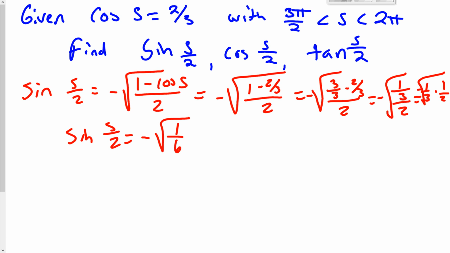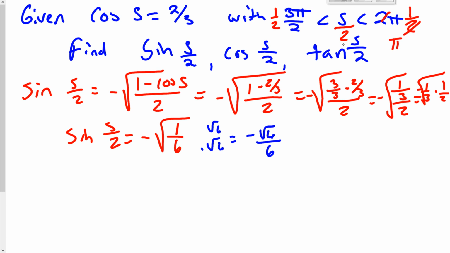So we get that, and we can go ahead and rationalize that. Root 6 and root 6, and so we get root 6 over 6 is our final answer. We know it's negative because we are in the fourth quadrant. Oh, excuse me, s is in the fourth quadrant. So, actually, if we want to find what quadrant s over 2 is in, if we divide this by 2, then we can divide these by 2, which is times it by 1/2.